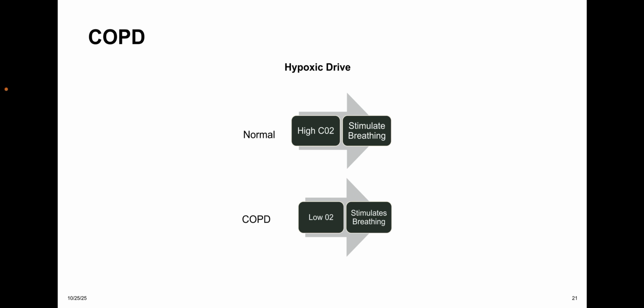In COPD patients, carbon dioxide is always raised. So this effect gets blunted, and the chemoreceptors instead start to pick up on low oxygen levels. So when a COPD patient's oxygen goes low, that's what tells the brain, okay, we need to breathe. We come along, give these COPD patients oxygen, it's taken away that stimulation to breathe. So then they stop breathing.